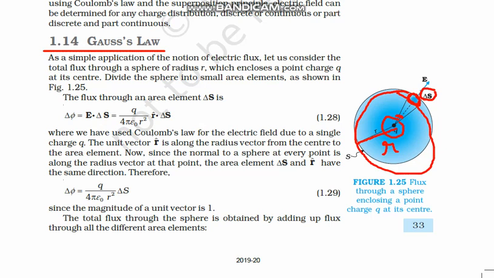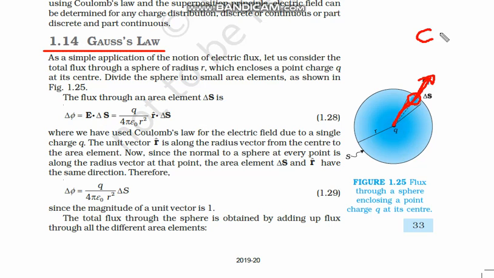Now let us first understand this one thing, then we will move further. This area element delta S is on the surface of the sphere. Similar to previously, the direction of this area element is outwards, because we always take outwards, not inwards, and the direction of the radius element is also in this direction.